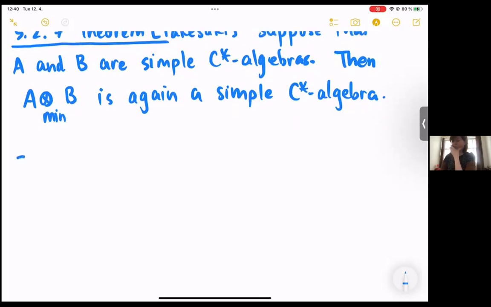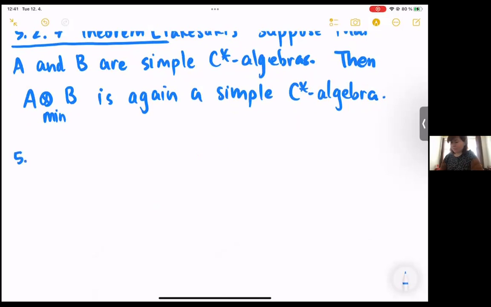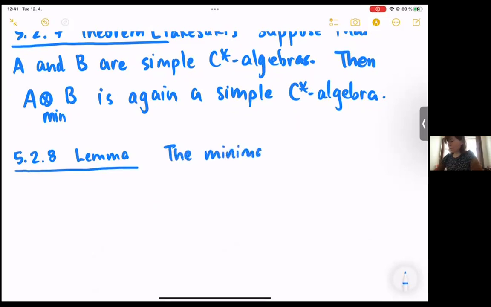Now, of course, any faithful representation of a C star algebra, its image will be isomorphic to the C star algebra itself. So one might ask if we really needed to use the universal representations of A and B, and indeed we didn't. So the minimal tensor product does not depend on the choice of faithful representation.